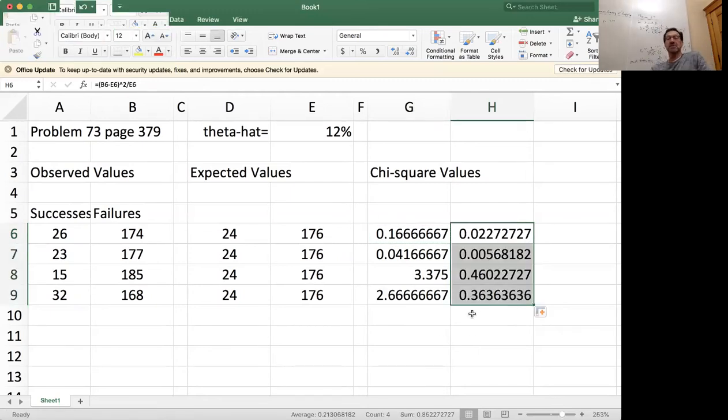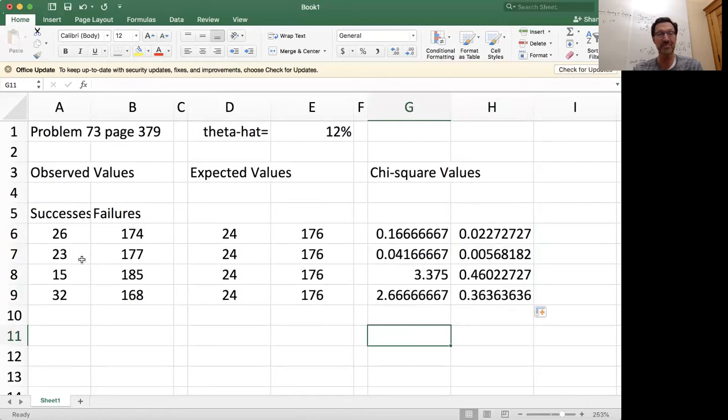Notice these values are a lot smaller, and that's because we're expecting 176. With that many, we would expect greater variability. It takes a greater variability to really get the attention of the chi-square statistic.